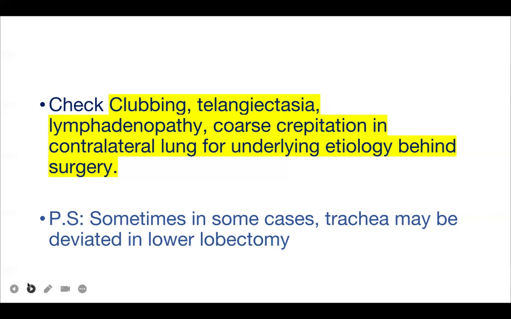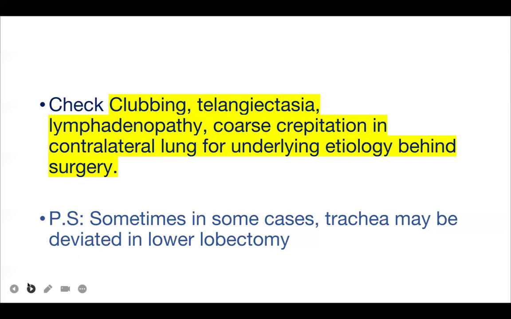We should not forget that sometimes a localized arteriovenous malformation can also lead to a lobectomy. Telangiectasia, particularly perioral telangiectasia, can point to a cause like hereditary hemorrhagic telangiectasia. Lymphadenopathy could indicate bronchial malignancy underlying the lobectomy or pneumonectomy.